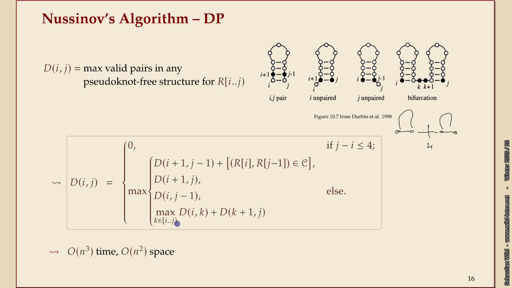So clearly, quadratic space is sufficient to store all the subproblems. And because of this maximization here, I have another linear factor in the running time if I don't try to be smarter. Because this algorithm and versions of it are so much used in practice, people tried a lot of tricks to speed up, at least for typical cases, what happens.